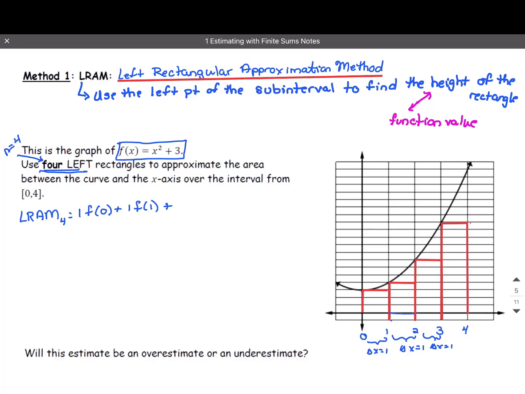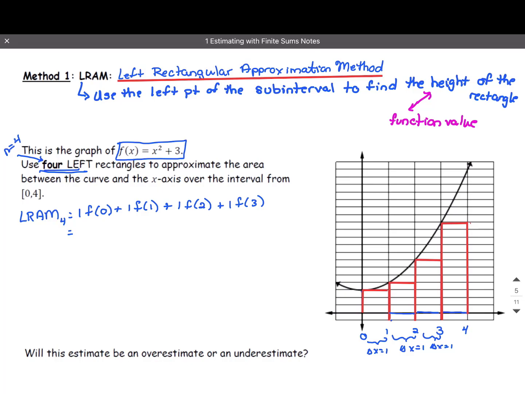Plus on the next rectangle, the base is 1, and we used the 2 to find the height of the rectangle. And the next one, the base is 1, and we used the 3 to find the height of the rectangle. Now notice 1 times anything is just the anything, so I don't have to keep writing the 1 times.